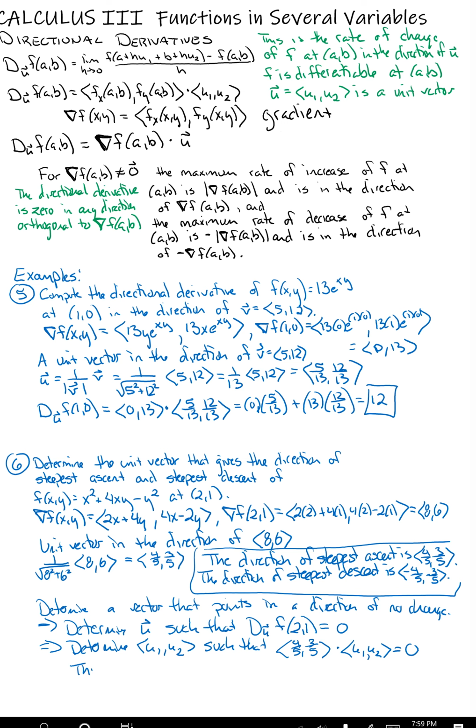Well, that means 4/5 u1 plus 3/5 u2 would have to equal 0.